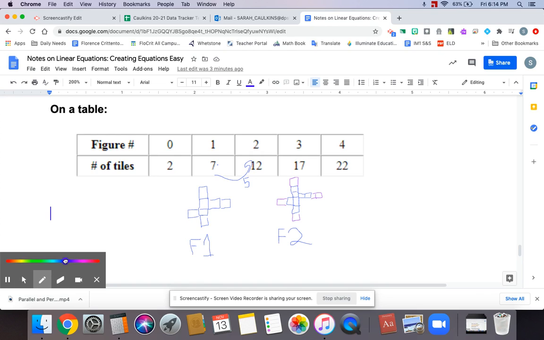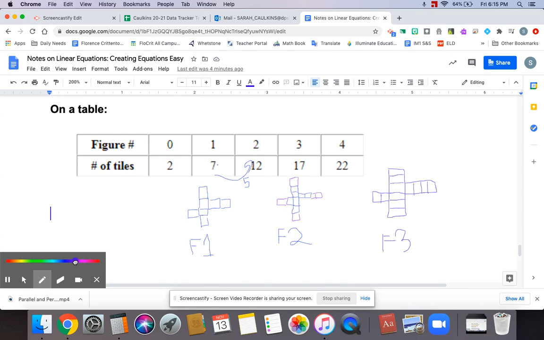So that's figure 2. Then if I want to do figure 3, well, figure 3 also gets 5 more, and it's going to follow the same pattern. This is figure 2. I just copied these 12 tiles in the exact same way over.